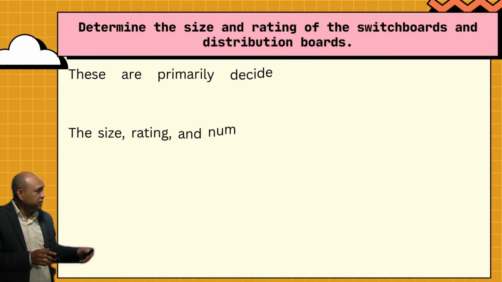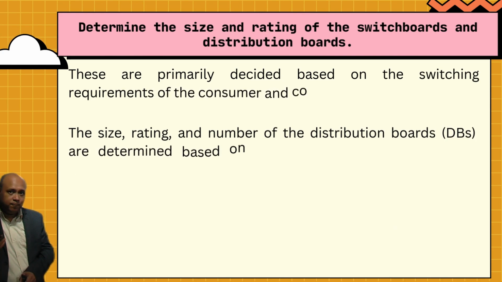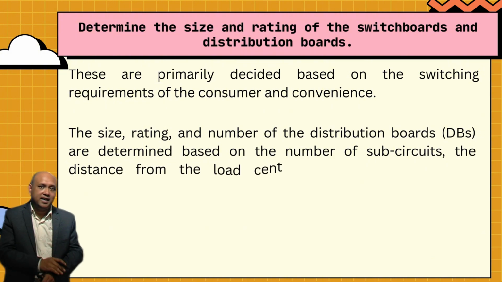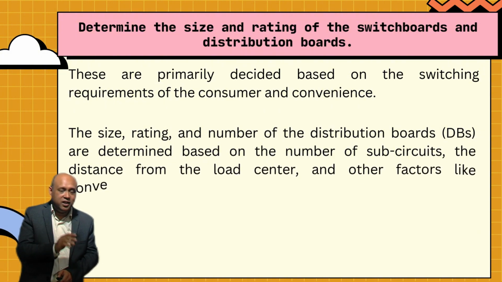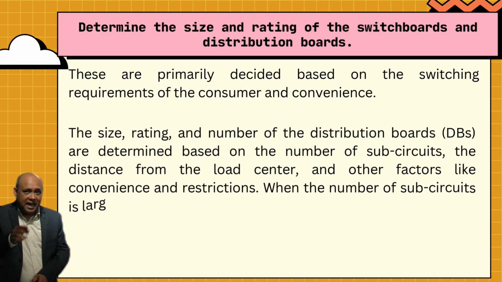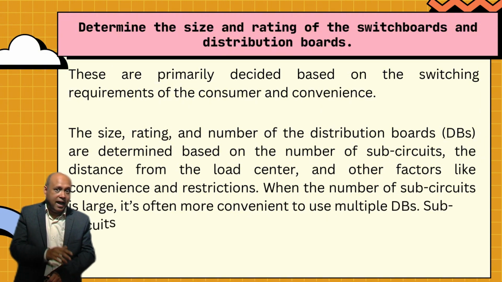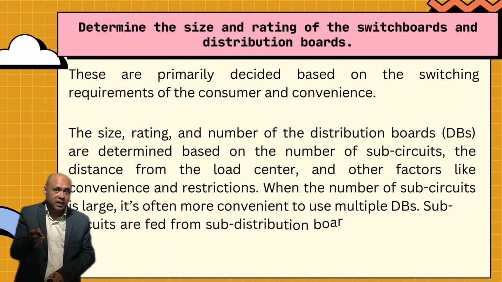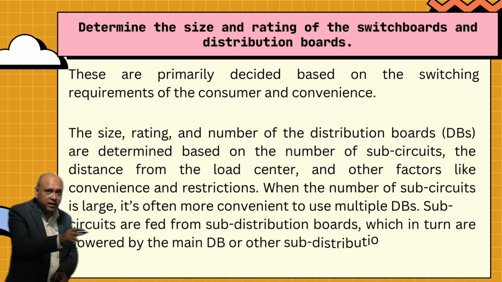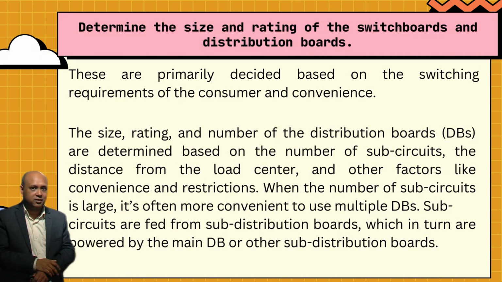Next, we need to determine the size and rating of the switchboards and the distribution boards. These are primarily decided based on the switching requirements of the consumer and convenience. The size and rating and the number of distribution boards are determined based on the number of sub-circuits, the distance from the load center, and other factors like convenience and restrictions.